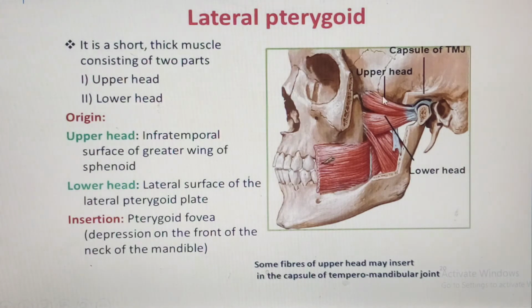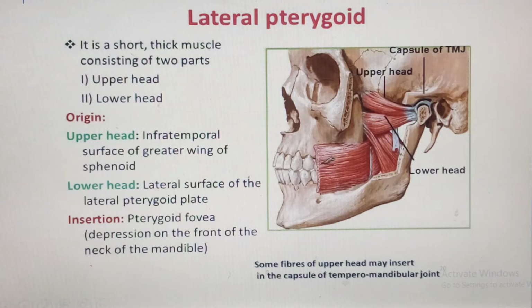Okay, and then the lower head or the inferior head will be coming from, this time around, the pterygoid plate, but the lateral surface of the lateral pterygoid plate. But look at how both of these heads are joining to insert around this area, which we call the pterygoid fovea, on the neck of the condyle of the ramus of the mandible.